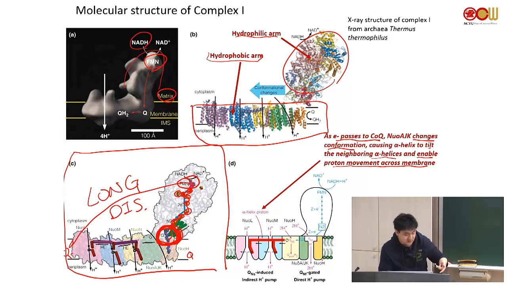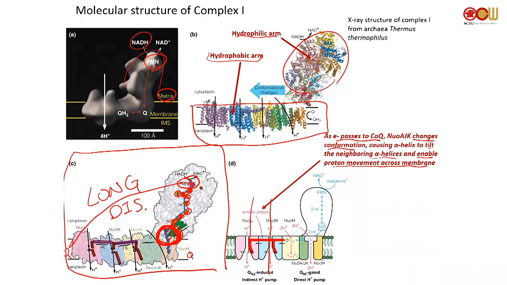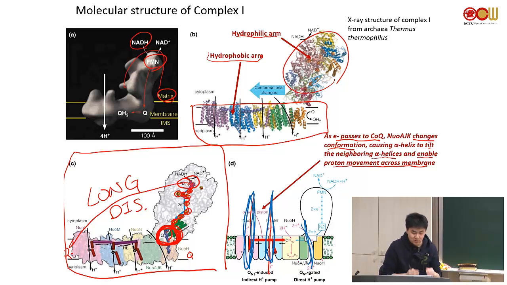Because the conformation is changed, you now have these channels right here that will open, and when 2 protons pass through, it will close again. So it's like a little gating process.